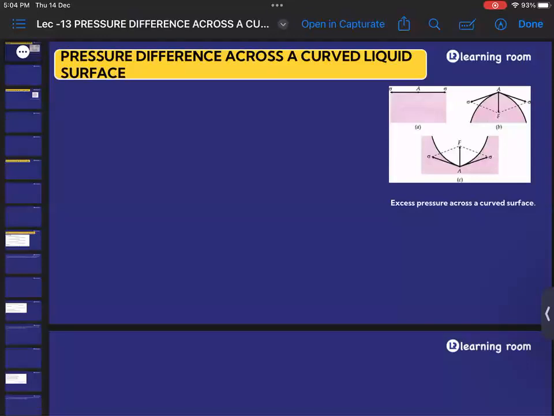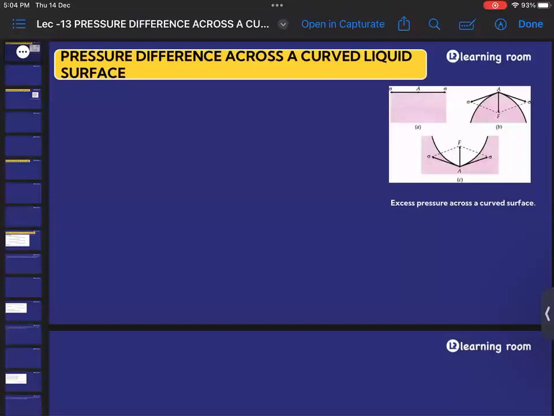Generally, when you take a liquid, let's assume water itself, water taken in a glass tumbler or a beaker, whatever you call it. Now, when we look at it, how does it look to our eyes?